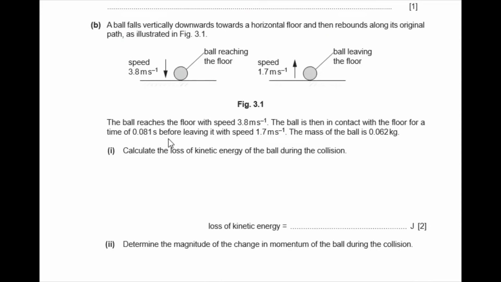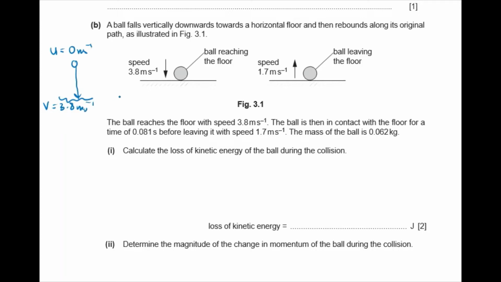3b. A ball falls vertically downward towards a horizontal floor and then rebounds along its original path as shown in figure 3.1. The ball reached the floor with the speed 3.8 meter per second. So initially u equal to 0. Then the ball hits the ground with the speed 3.8 meter per second.